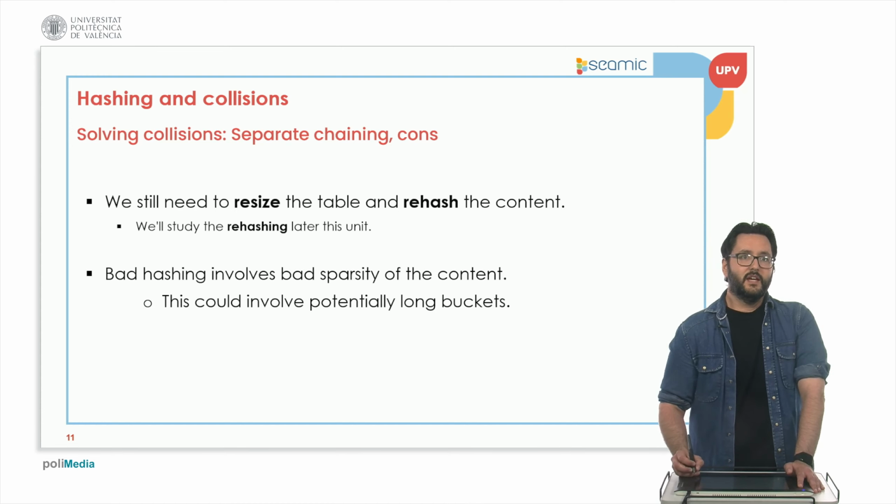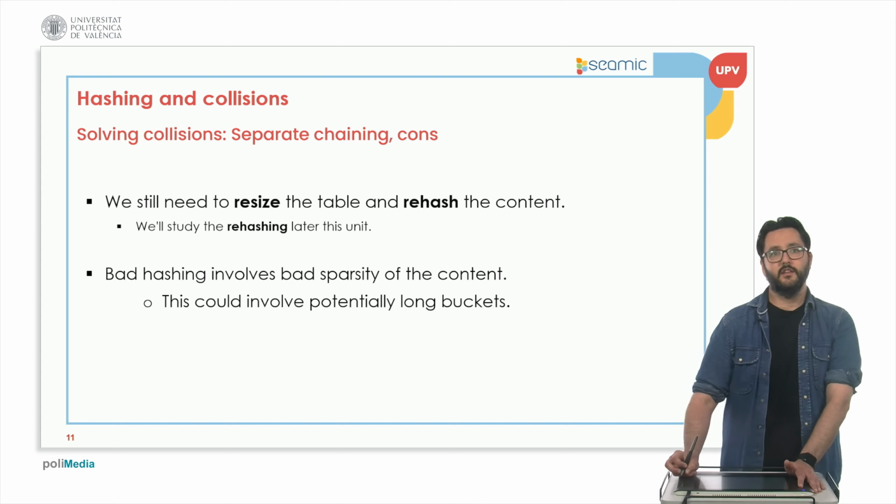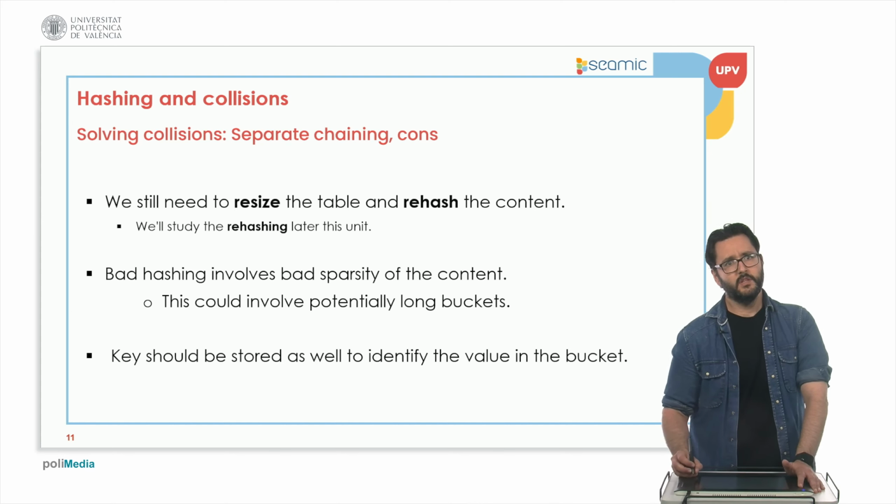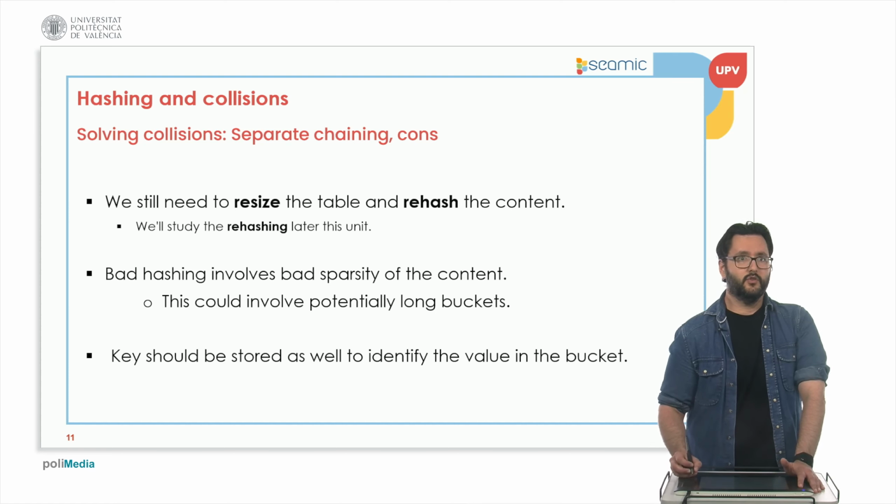In the case of hashing, bad hashing means that the elements are not very well distributed, so we can have a lot of elements condensed in some part of the table. This could result in potentially long buckets, and this will impact the performance of the hash table. Also, the key should be stored as well to identify the value in the bucket, so we need to use more space in order to allocate the same data.